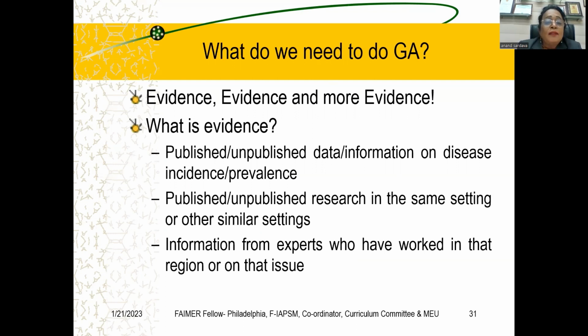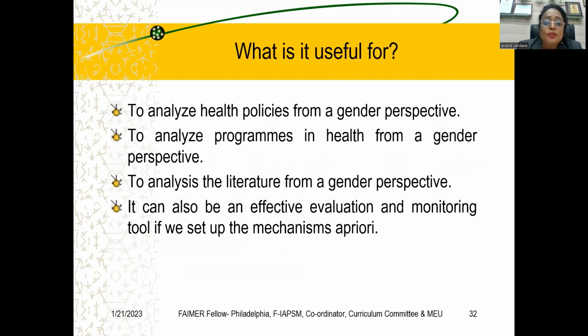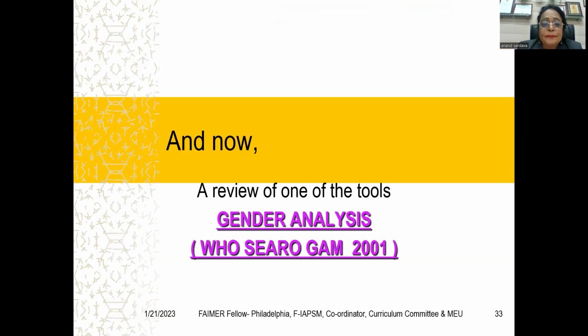You can take published or unpublished studies, literature or research, and try to see them from the gender eye by doing gender analysis. It is useful to analyze health policies, programs, and literature from a gender perspective, and it can also be an effective evaluation and monitoring tool if we have mechanisms set a priori.